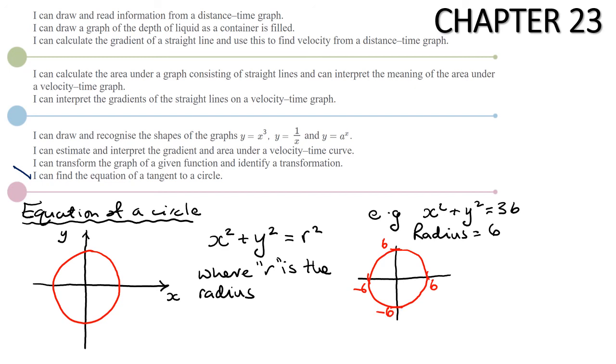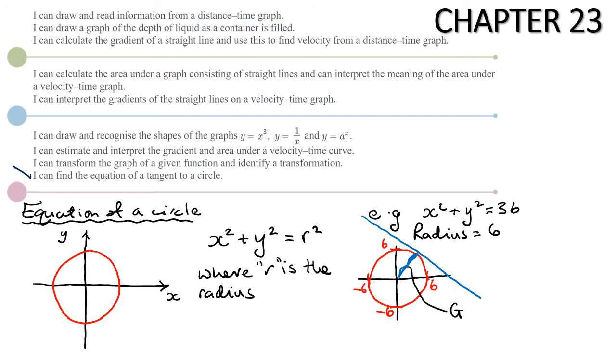And knowing what we know about straight lines, we should be able to find the equation of a tangent to a circle. So for example, if I had a tangent to a circle here and I want to find the equation of that line, what I would do is find the gradient of the tangent or this radius.